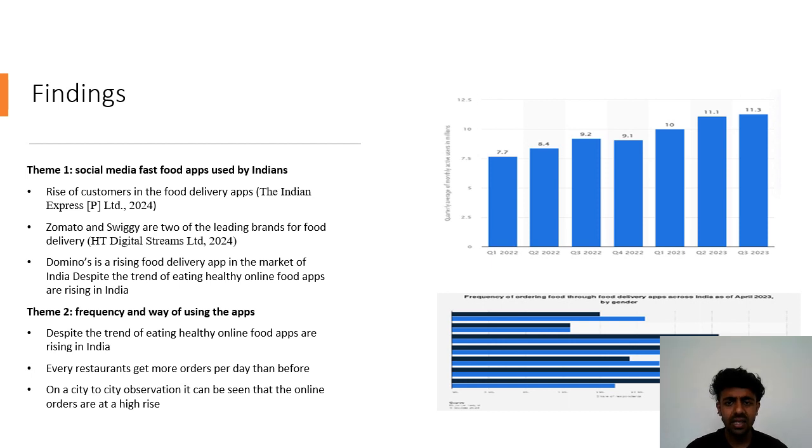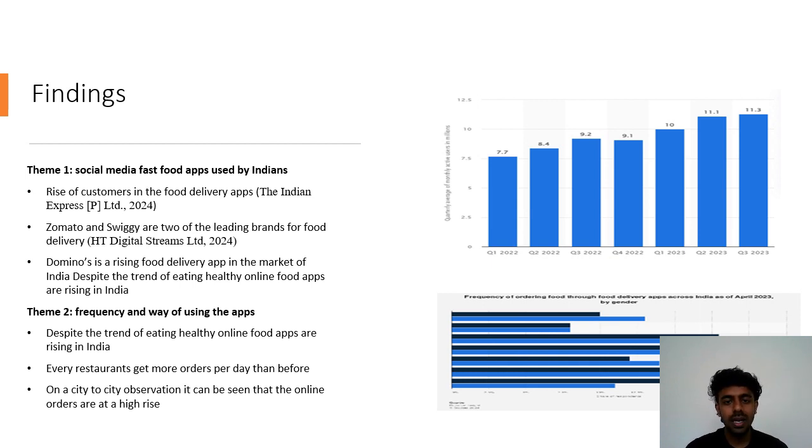On the other hand, Swiggy can be considered another leading fast food social media application in India, which gets 1.4 million food orders daily across India's 500 cities and towns. Similarly, Domino's has been able to steadily increase its monthly active user base and reached 11.3 million by the third quarter of 2023.